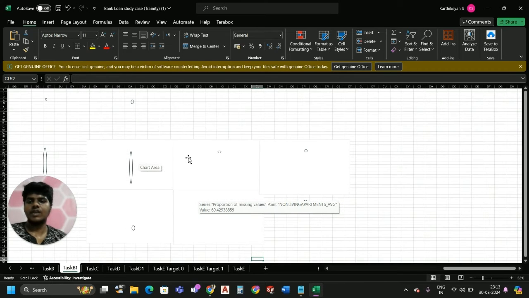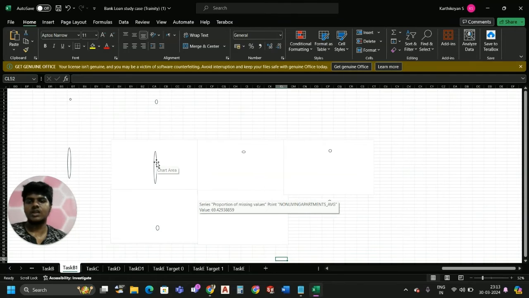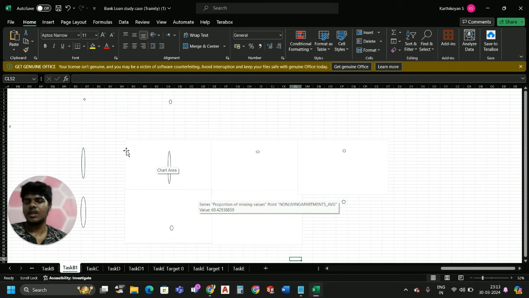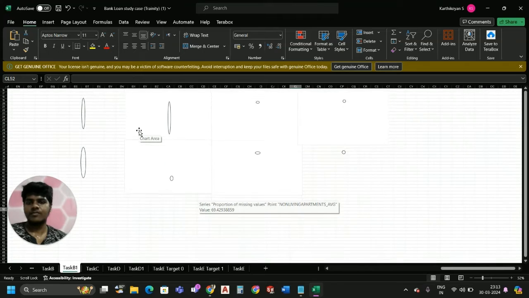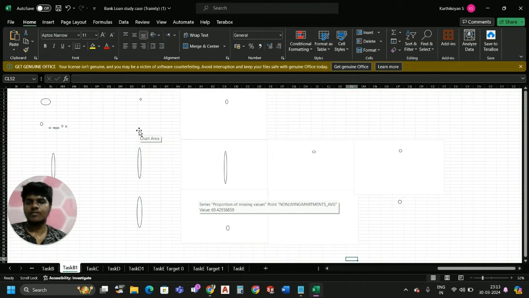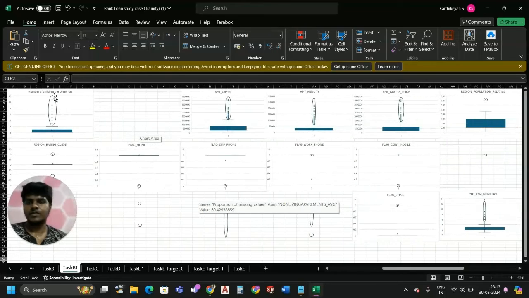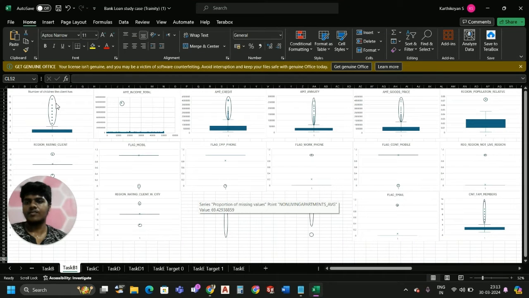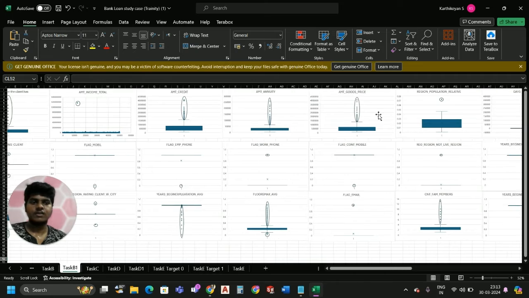In this sheet, we have shown various visualization charts to know about the outliers of each column. So we can see here the outliers that have been marked for each column.